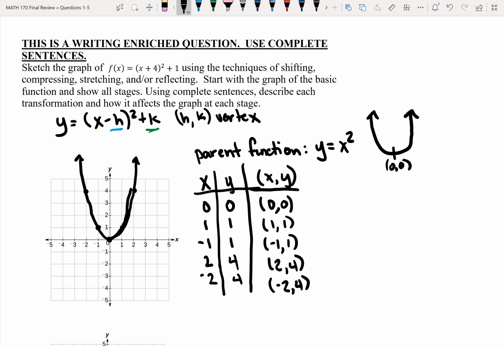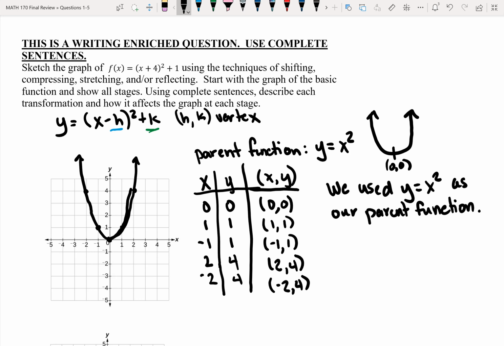Okay, so let's talk about how to write what we just did. Okay, we used y equals x squared as our parent function. We chose values for x and calculated values for y.